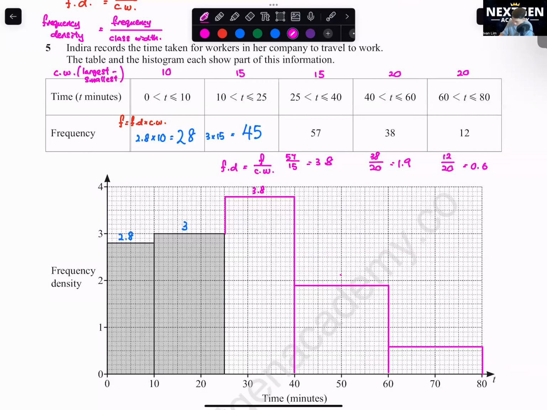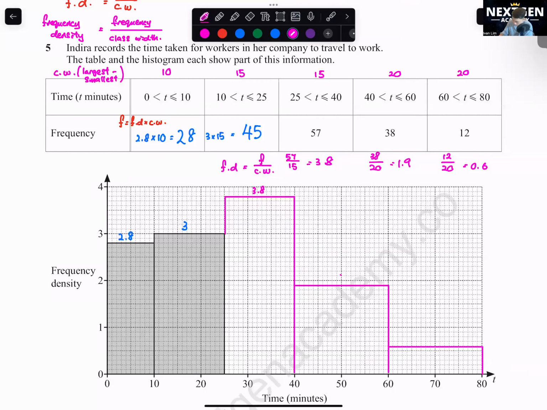This one is 17.5, 32.5, 50, 70. This is how you get your X value. So you're going to take this X and F and multiply them with each other, all of these values. Then you add it up.